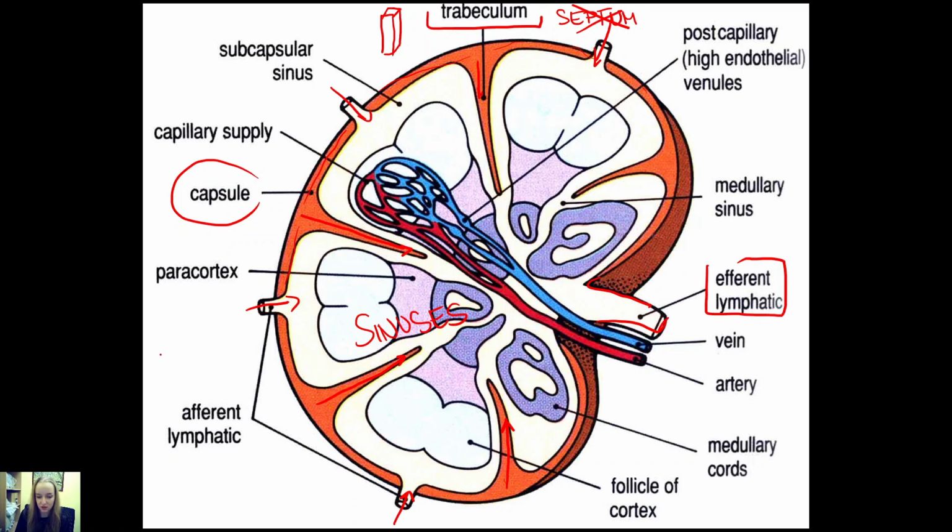So the lymph is going this way, from the periphery to the center, where we can find this place over here, and this is a hilum or hilus. In the hilus or the hilum we can find this efferent lymphatic vessel, and also an artery and vein there, because the lymph node also needs some kind of blood supply.